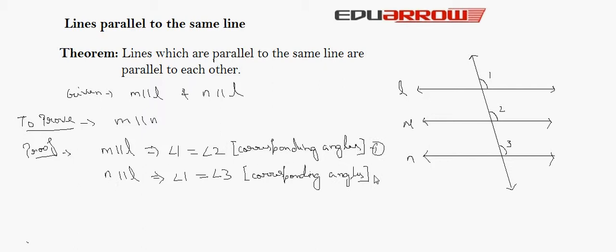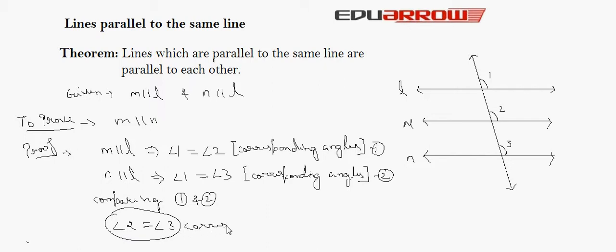Now, comparing these both, first and second, we have angle 2 is equal to angle 3. Here, angle 2 and angle 3 are corresponding angles and they are equal.